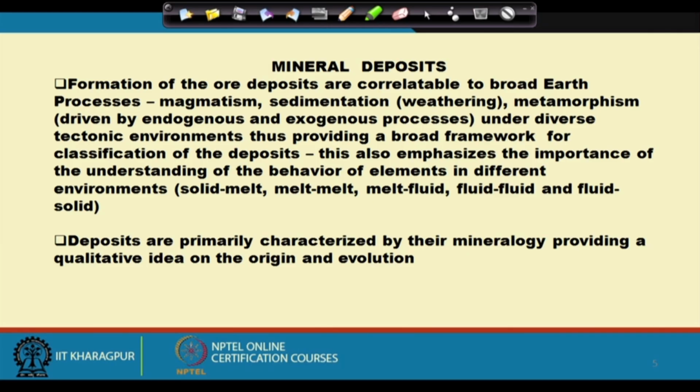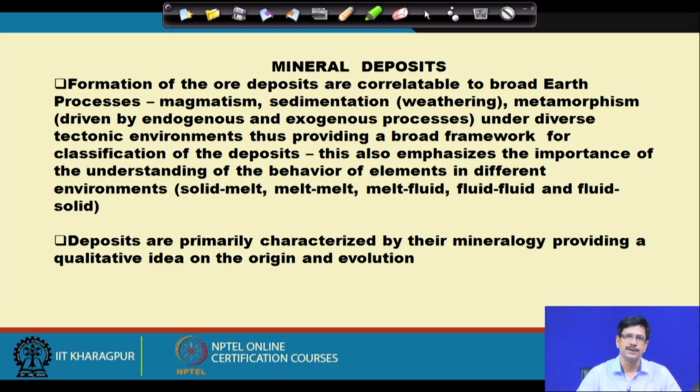It could be a situation where one of the melt components can get fractionated out from a parent melt, and if that also involves fractionation or enrichment of any particular metal or metals, that becomes a process. It could be a melt and fluid situation, it could be fluid, it could be fluid and solid.